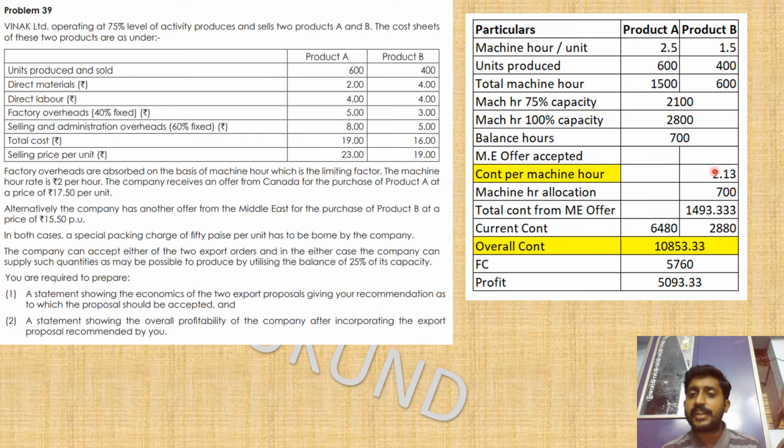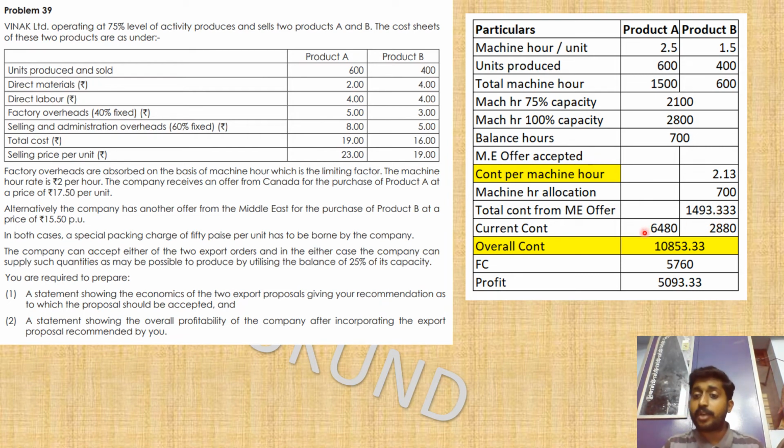So 700 multiplied by 2.13, the contribution per machine hour which we saw in our earlier slide for the Middle East costing. So the total contribution you are generating from the remaining 25% by serving the Middle East country with product B is 1493. This is added to our existing profit.